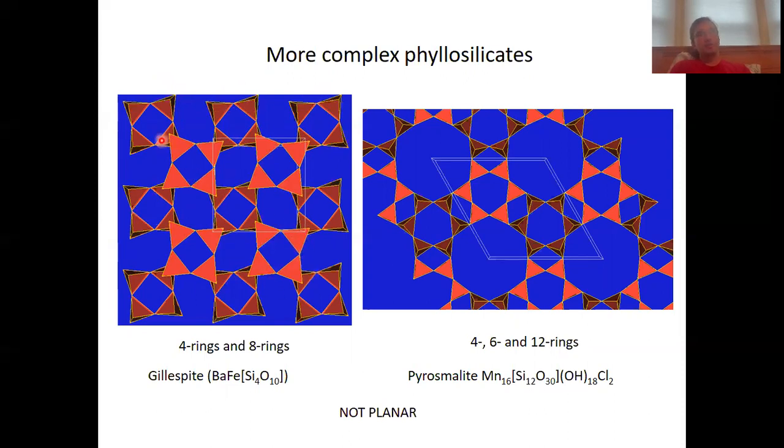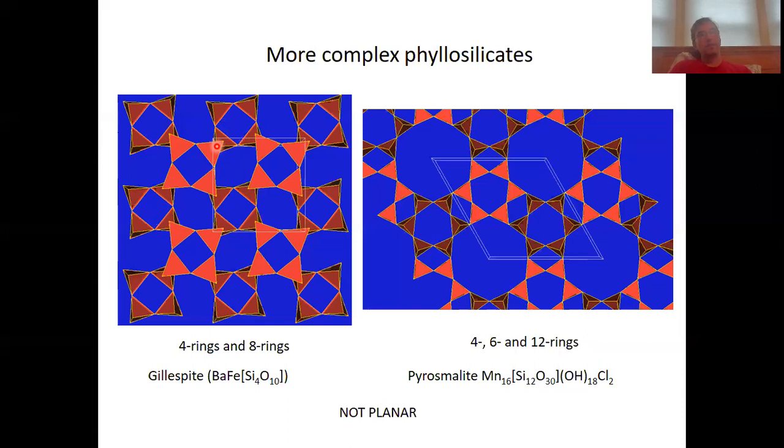And well, now the tips of these tetrahedra are interconnected with the tips of the other type of four-rings. Okay, so for example, this tetrahedron here and that tetrahedron here share an oxygen, and that tetrahedron here and that tetrahedron here corner share an oxygen, and so forth.